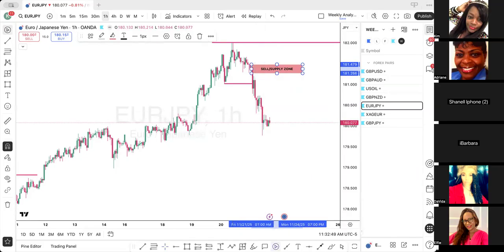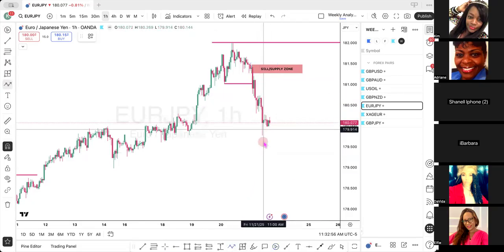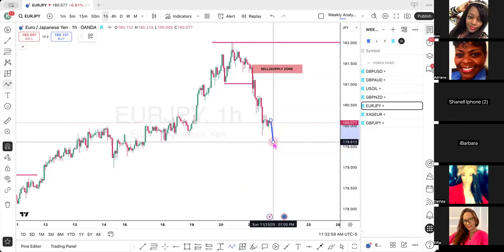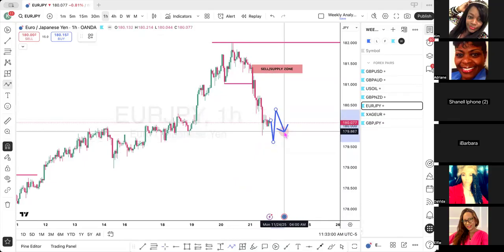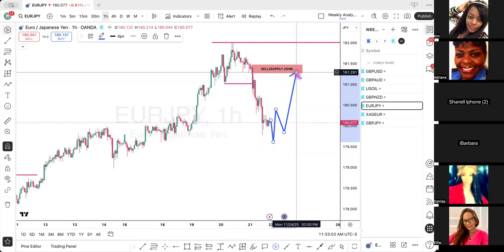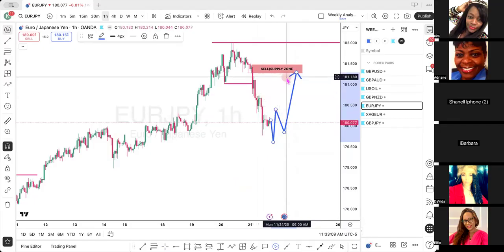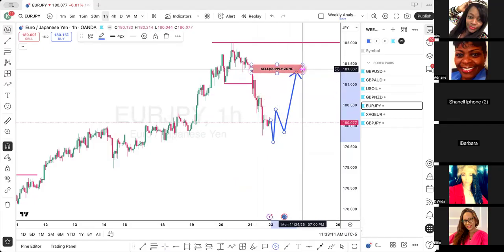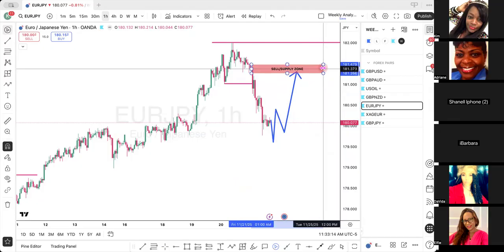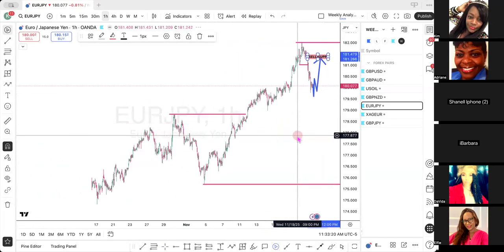As you can see here, this is still in bearish structure. So either price is going to give us some other form of structure, shift structure, to then buy back up into the zone, or you'll have to wait for it to shift this structure, pull back, buy up. But if that's the case, you might as well just wait for price to come back into this supply zone to then look for the sell to the downside.